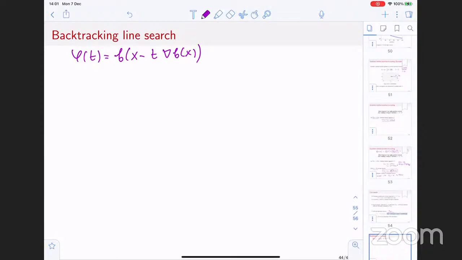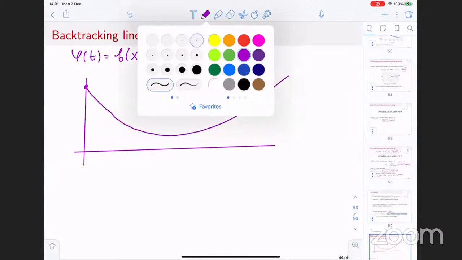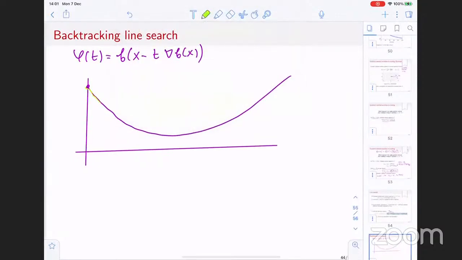So I draw this. My function is convex, so it's going to be convex on this line. It's going to look like this, for example. My function is convex, so it's always above the linear approximation.